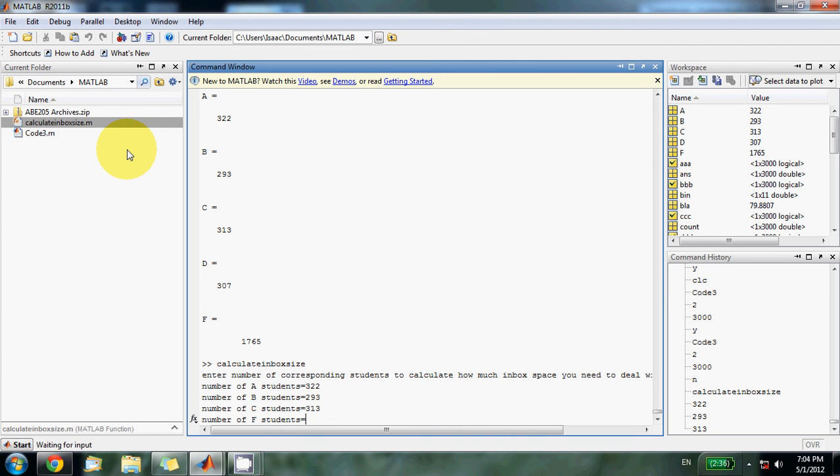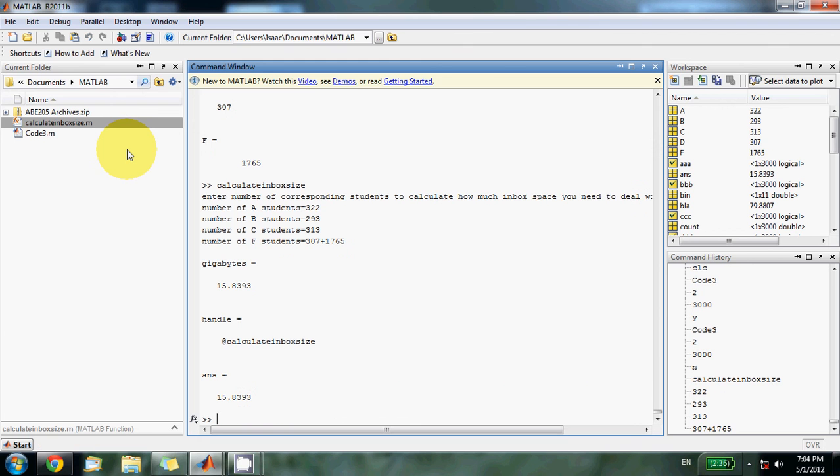We're just going to add the D students to the F students, so 307 plus 1765. And it tells you that you need 15.5 gigabytes worth of inbox space to handle all the different emails that you're going to get.